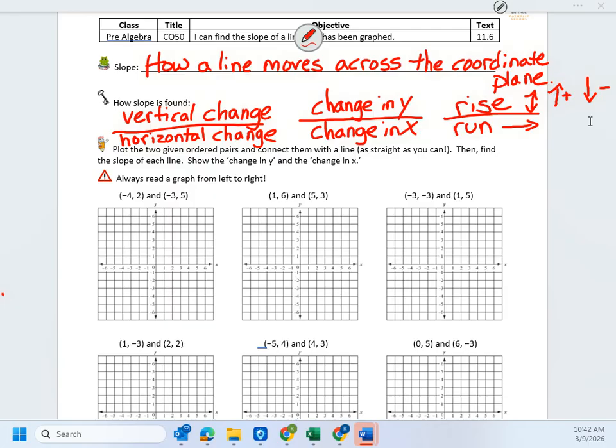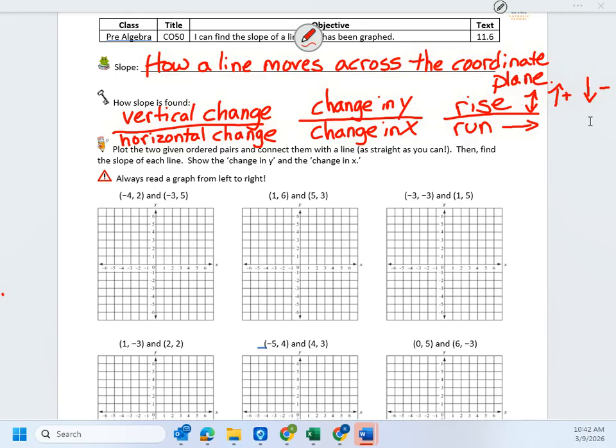So I always use the last ones. When I talk about slope, I talk about the rise over the run, because it's a lot shorter to say rise, run, versus the vertical change or the change in the y. It's just easier for me to say rise over run.